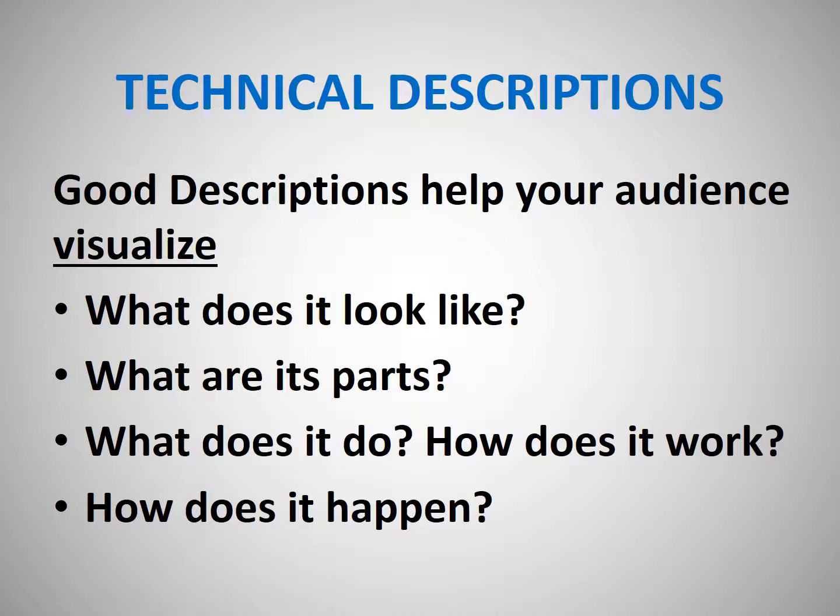So you notice here we are talking about things, but again we are also talking about processes, as we said with the definitions. But now you really want to think about how to make your audience see what you're talking about. That's going to keep that in mind. That's what you want. You want your audience to see what you are describing. That's your goal.